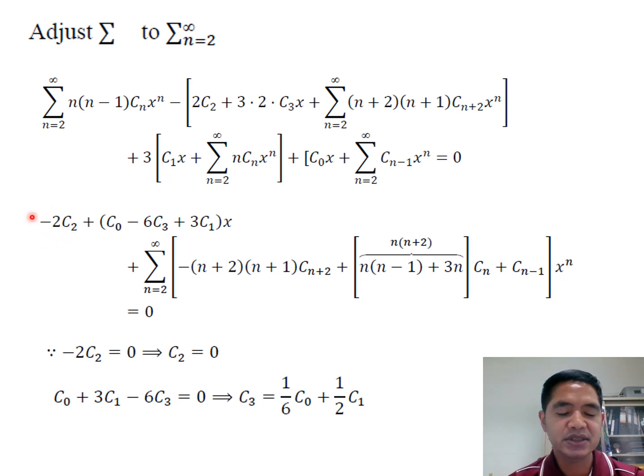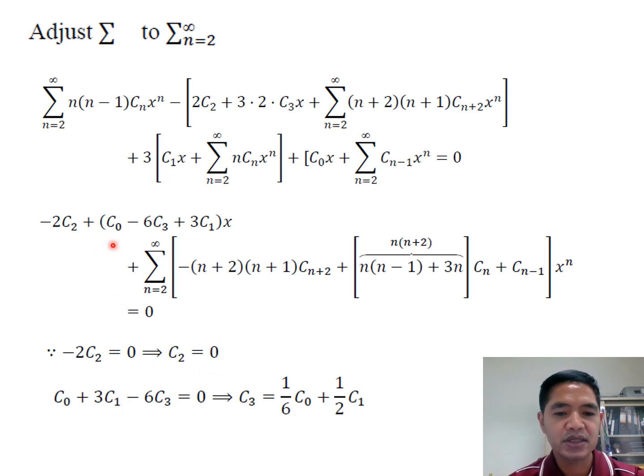This one you just take it equal to 0, and this one equal to 0. Okay, so in the first term, minus 2c2 equal to 0, then c2 equal to 0. Okay, you get c2 equal to 0.